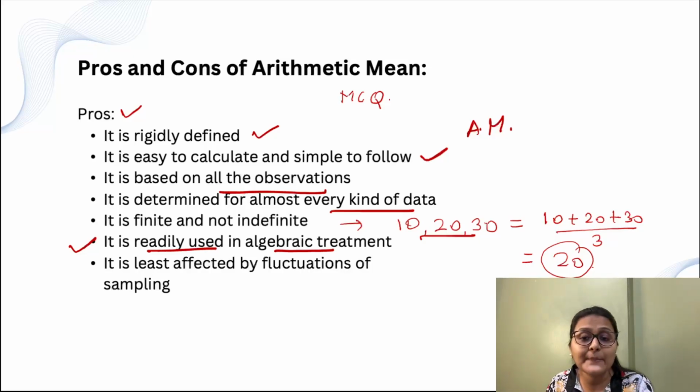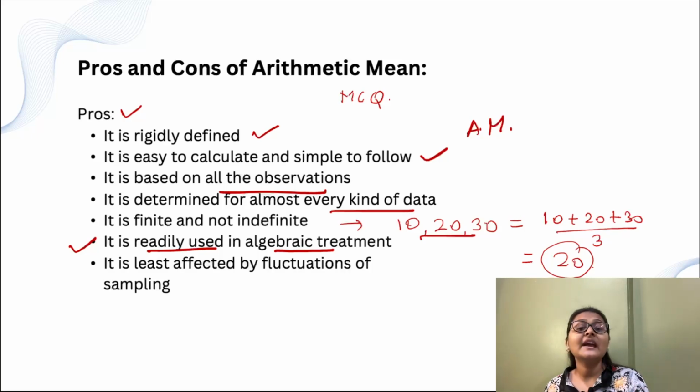So the mean can be easily used in algebraic formulas and for calculation of mathematical operations. It helps in solving equations, for finding complex deviations, for calculating multiplication, divisions, and for comparing groups of data.